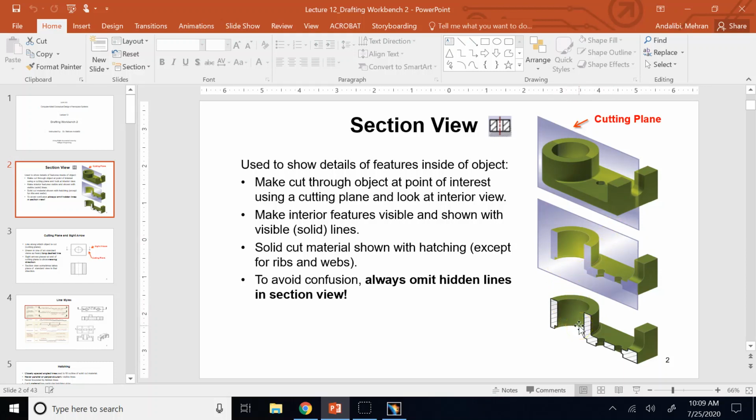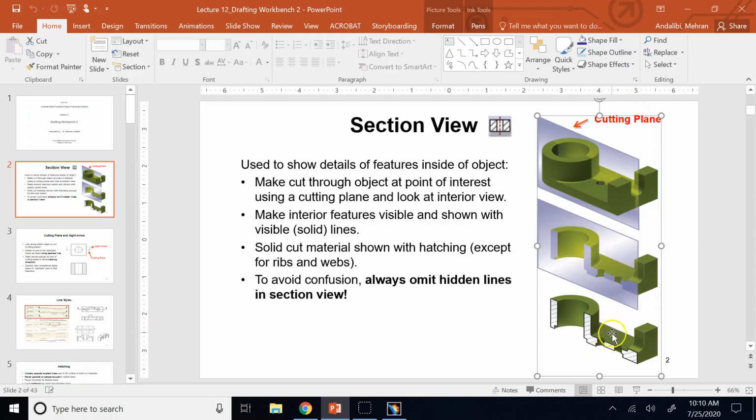And you might wonder, what if I have some hidden feature that is behind the cutting plane and I cannot see? For example, here in this object, what if there was a hole back here, right? So if I had some cylindrical hole right here, then of course I cannot see that when I project it on the cutting plane.